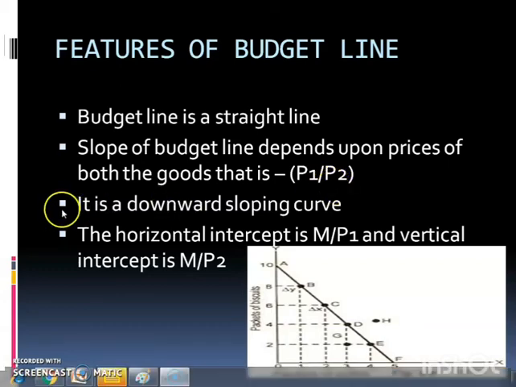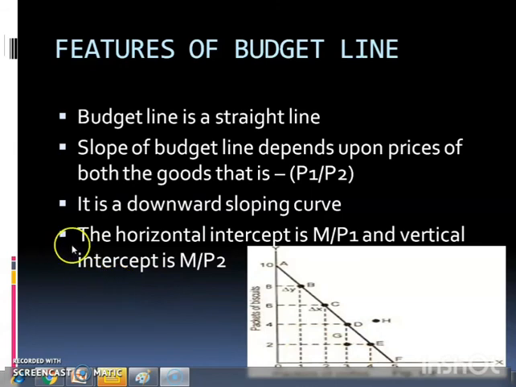Then it is a downward sloping curve. It implies that if the consumer wants to purchase more of good 1, he should reduce the consumption of good 2. That is, an increase in the consumption of one good leads to a decrease in the consumption of the other good. That's why it is a negatively sloped curve.